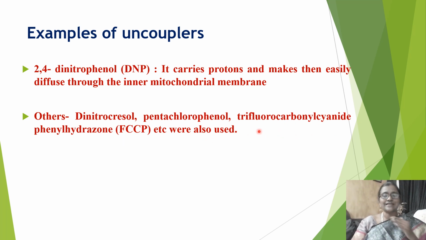They are 100 times more effective than the routine uncoupler, that is DNP. It is even said that aspirin, when given in high doses, also acts as an uncoupler. So it will lead to a lot of oxidation taking place, but it will not allow ATP synthesis to take place. So that is one more important thing. These are the uncouplers which are routinely studied.